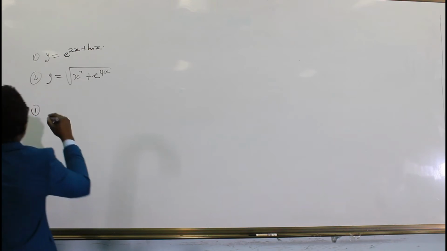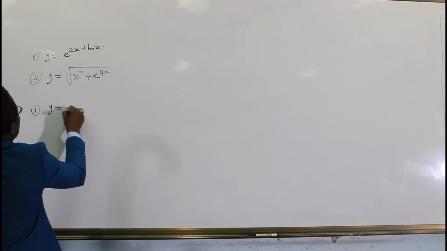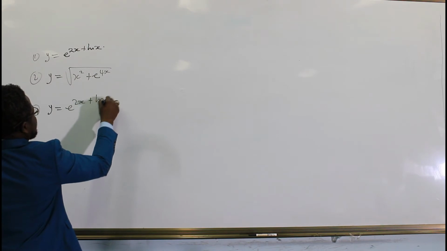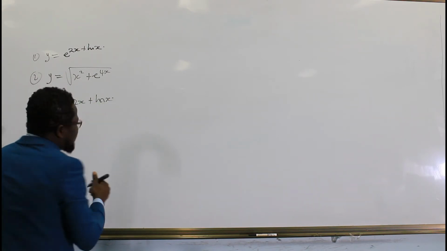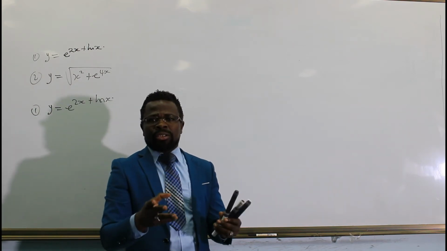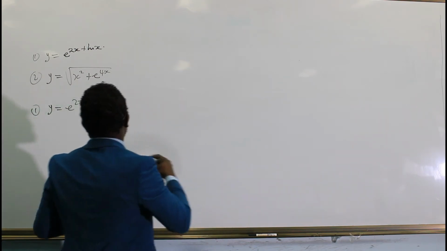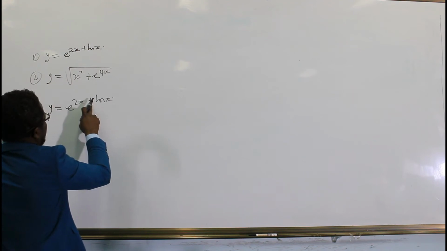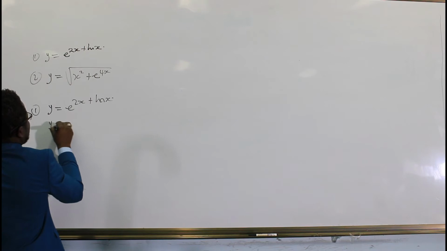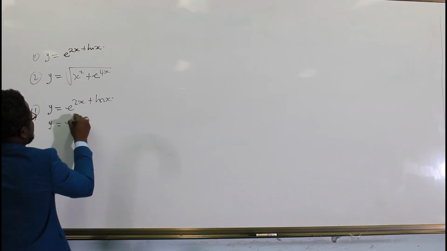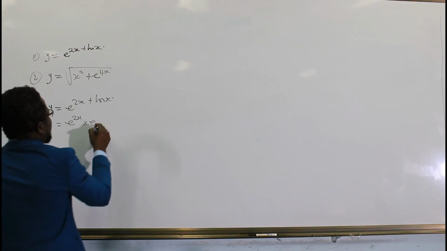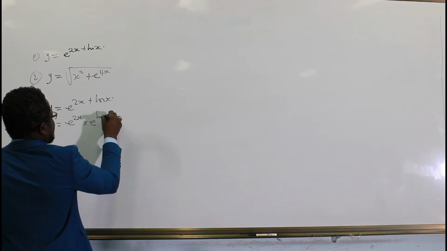In question number one, we are given y is equal to e exponent 2x plus ln x. We can write this by applying the exponential laws. There is an addition sign here, so it will become multiplication. So this can be transformed into e exponent 2x multiplied by e exponent ln x.